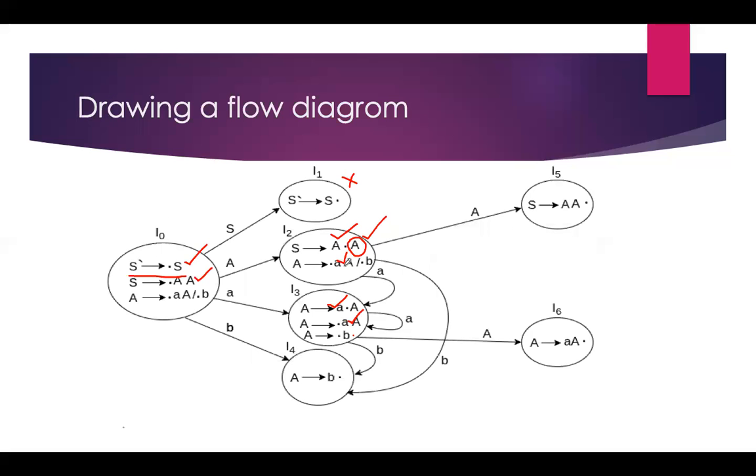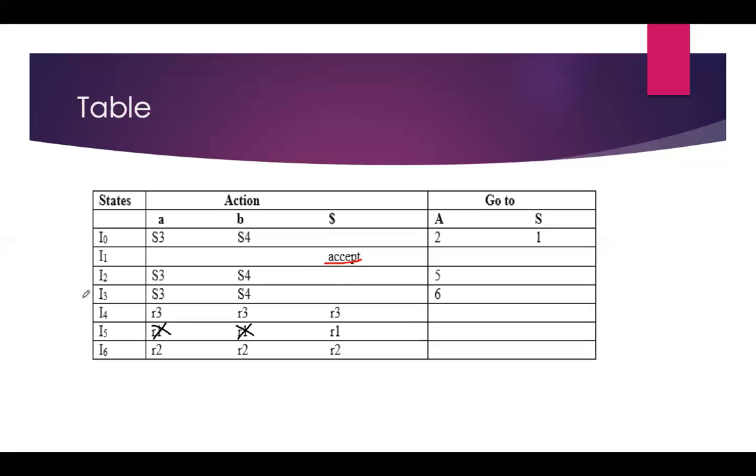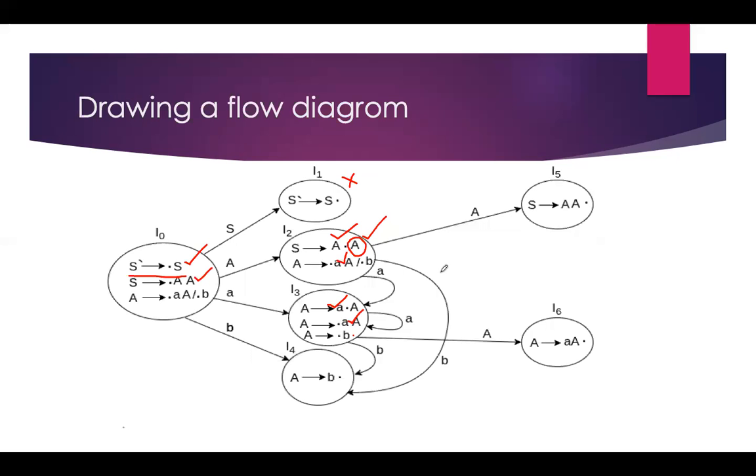Now, moving to the I2 state. From I2 state, if it is capital A, we are moving to I5. So under I2, under the capital A, we are moving to 5. Fifth state we moved. And one more thing, if it is I2 state, if it is small b, we are moving to I4. So what we need to write? S4.